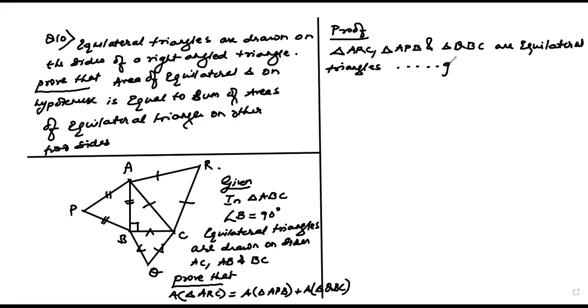The reason is given. So naturally, the small triangle APB is similar to the big triangle ARC. Purposely, I take it like this. Okay?